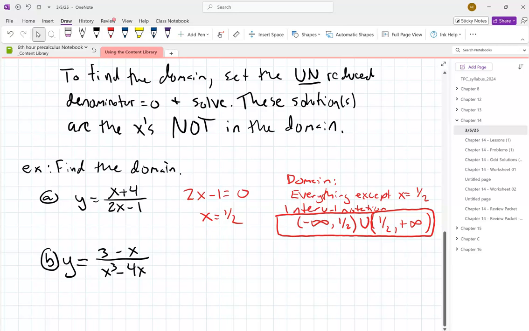For example B, here we have 3 minus x over x cubed minus 4x. So again, we're going to set that denominator equal to 0 and solve. What kind of an equation do we have here, though? Or more generally, a polynomial, right? If I'm going to solve a polynomial, what's the technique I need to use? Factoring.